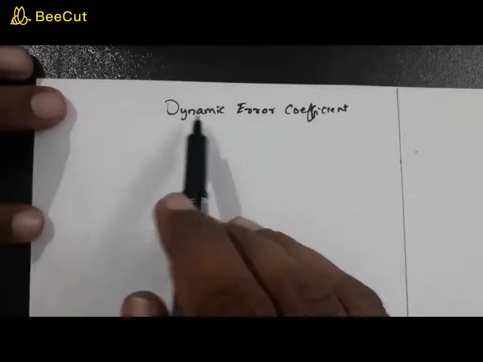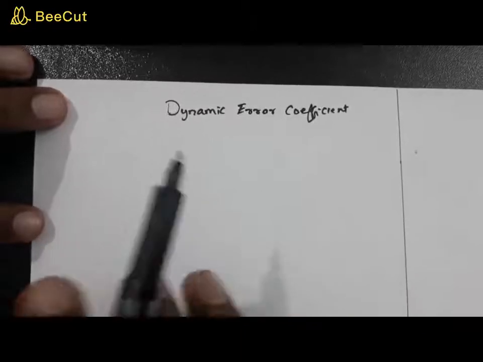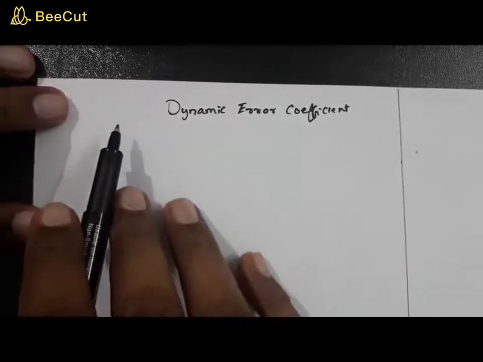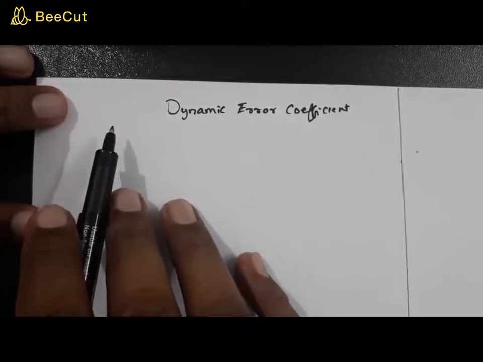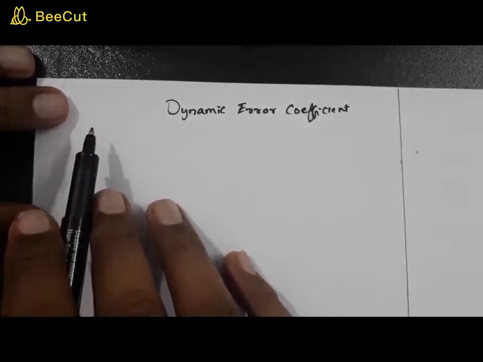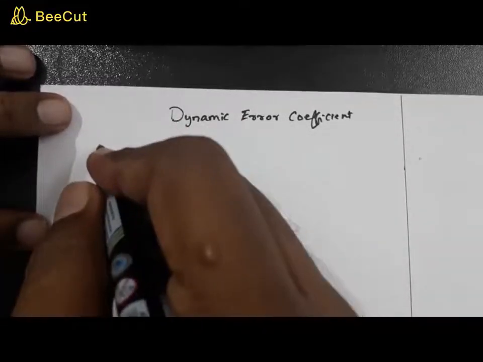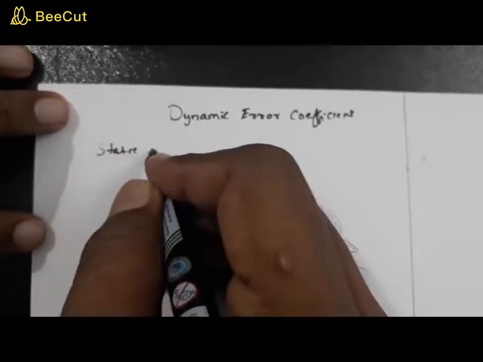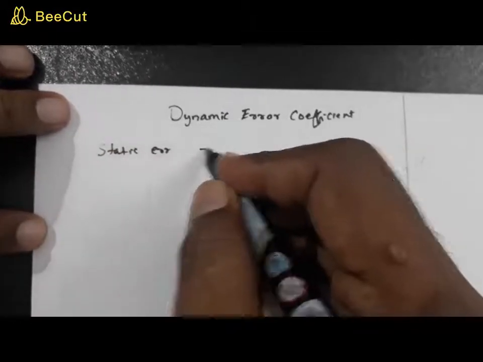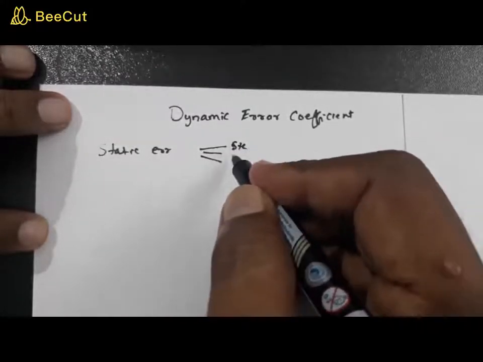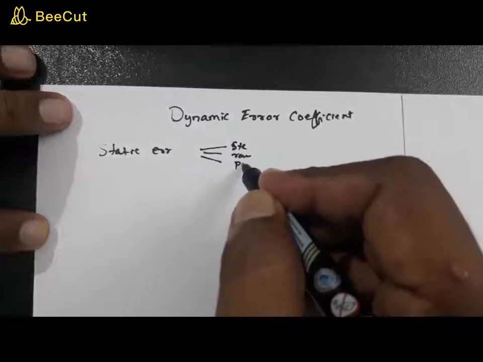Now let's move on to dynamic error coefficient. So far we studied the static error coefficient. Now the question is, is that enough? The answer is no. There must be some limitations for this steady state error. Number one, the static error coefficient is defined only for 3 inputs, that is the step, ramp and parabolic, right?